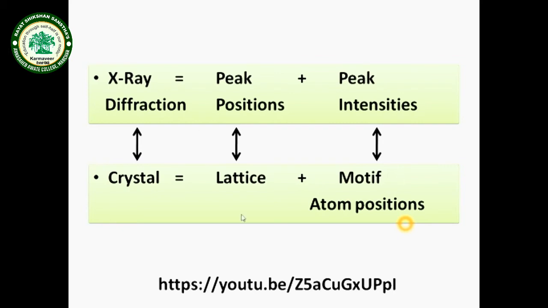And in order to study the lattice as well as the basis, X-ray diffraction is one of the indispensable techniques. By this technique, we can determine the lattice by observing peak position, as well as by observing peak intensity we can study what type of motif or basis it is.